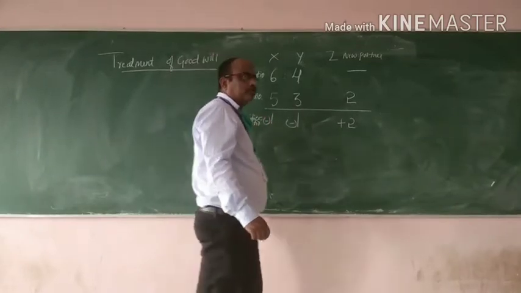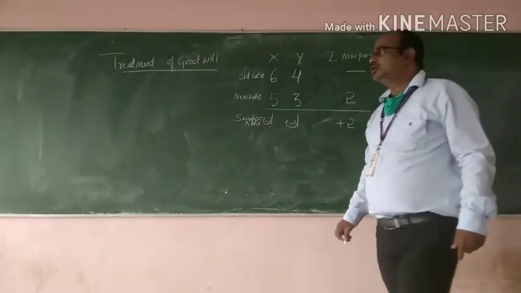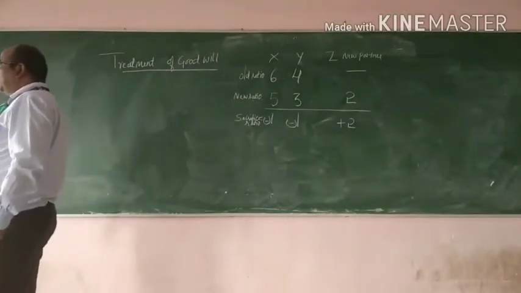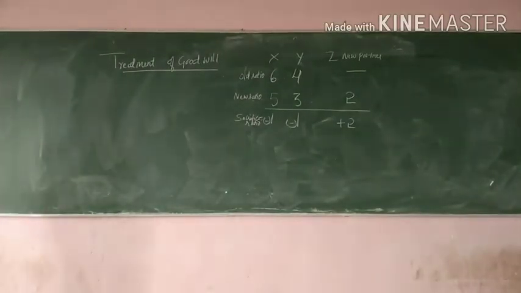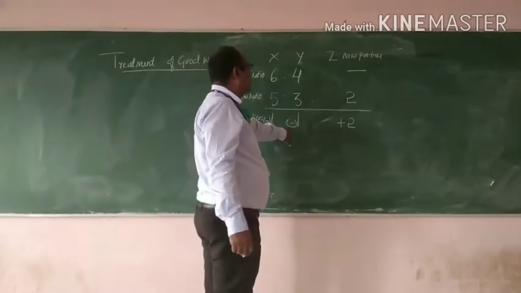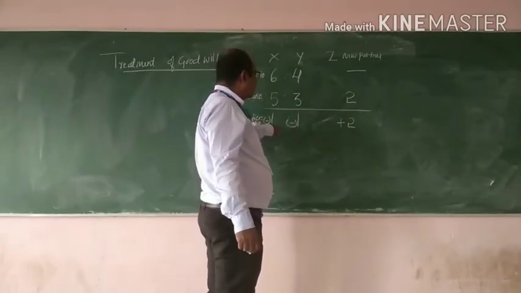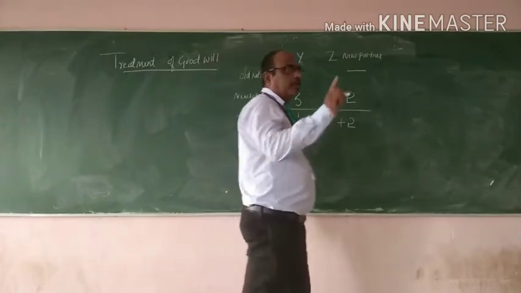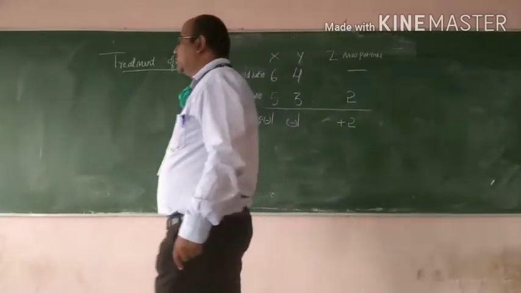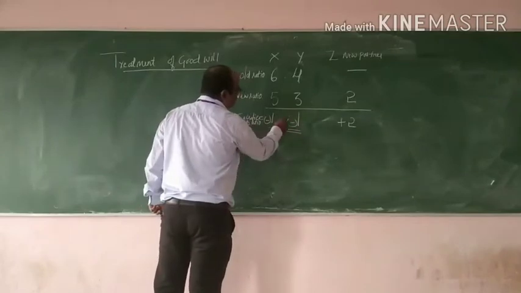Whatever amount is received from the new partner in the form of goodwill, as compensation for the sacrifice of profit sharing ratio by the old partners, should be distributed among the old partners as per the sacrifice ratio, not the old ratio, nor the new ratio. The goodwill amount is always distributed among the old partners in the sacrifice ratio. So here it will be 1:1.